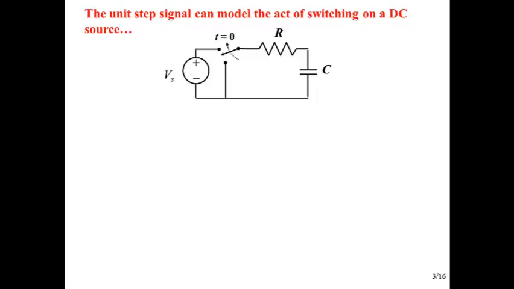This is a common signal because it handles an idea you've seen in circuits before, where you switch a voltage from being short-circuited like this, so that the input is 0, to being connected like this, and now your voltage is Vs applied to our beloved RC circuit, which hopefully you remember how it behaves.